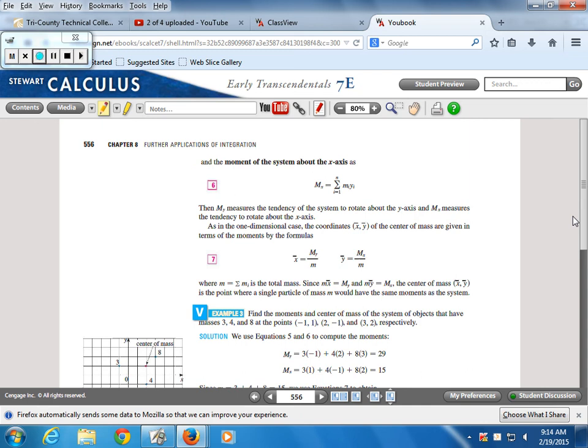All right. Now, make sure you realize that for the X bar, the moment around the Y axis is used, and for Y bar, the moment around the X axis is used.